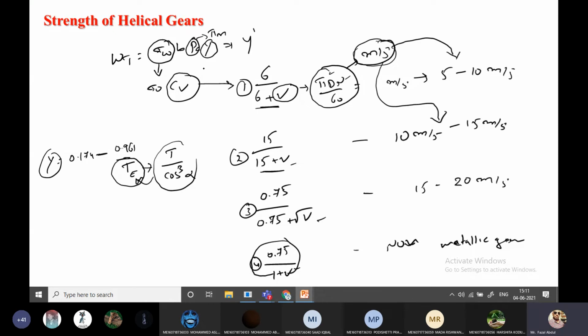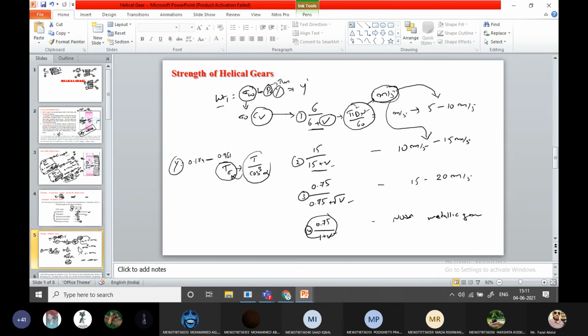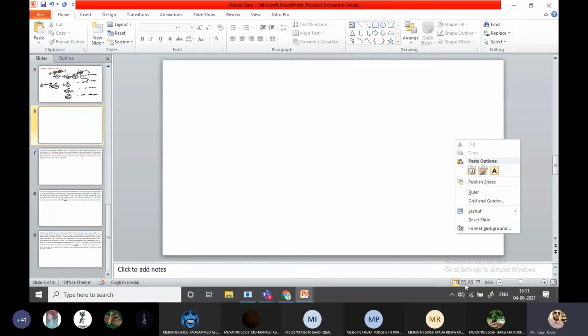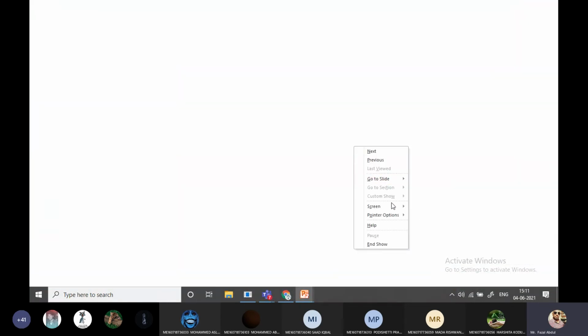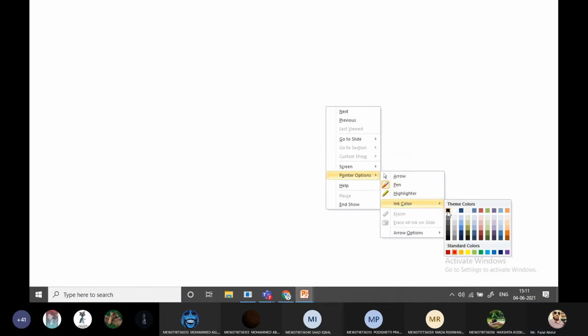Now this is the tangential load. In the same manner as in the spur gear, here also a dynamic load acts on the helical gear. How much dynamic load is acting?